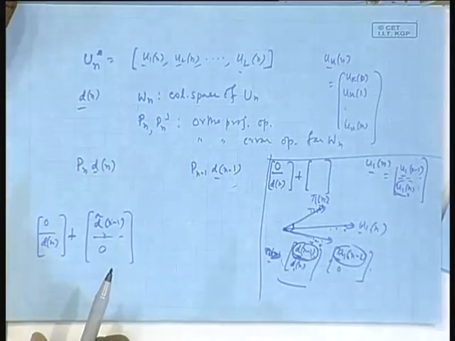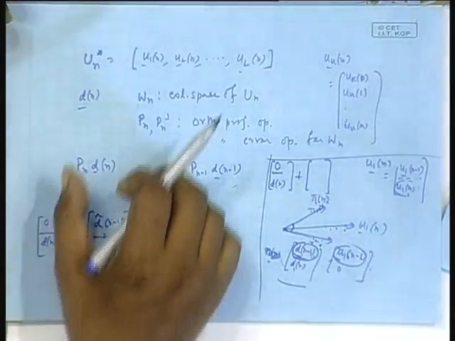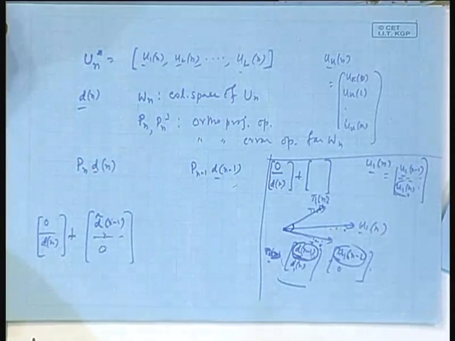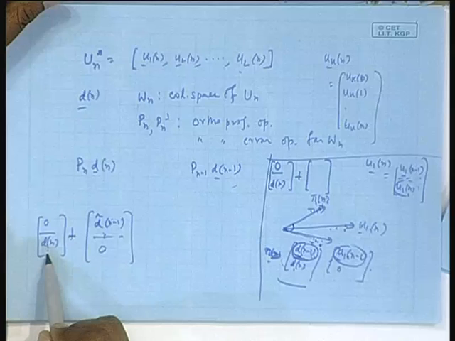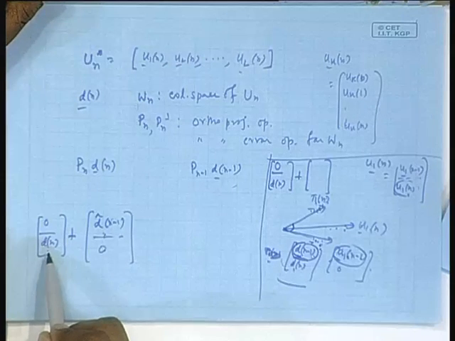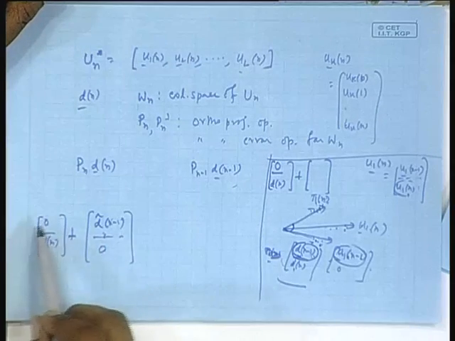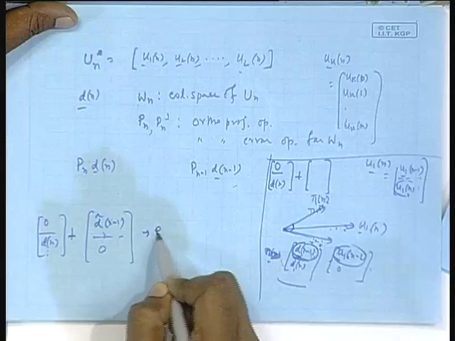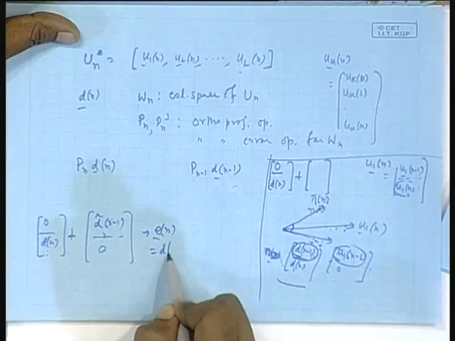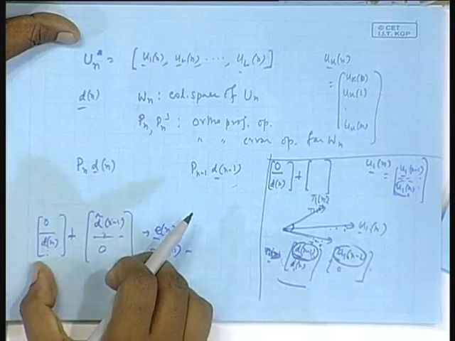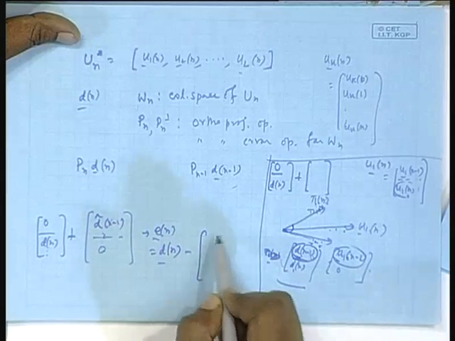So, what is the overall projection error? This summation has to be subtracted from d n vector, and immediately this guy will disappear, is not it? And d n minus 1, what is the error? Error will be, if you call error, error will be d n minus the summation. Summation is what?